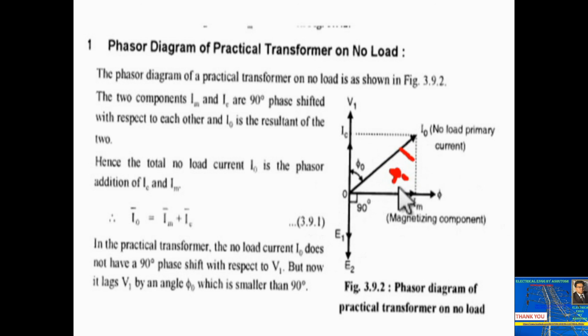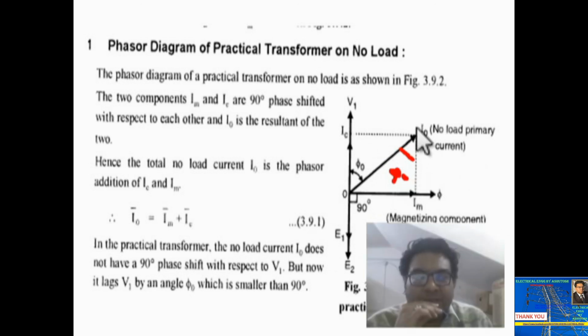So guys, अगर आप cos phi 0 find out करेंगे, this is the base, see here Ic upon hypotenuse I naught. Okay, so Ic will become I naught cos phi naught, and when you find out sin phi naught, see here sin phi naught is perpendicular upon hypotenuse, so Im upon hypotenuse I naught.